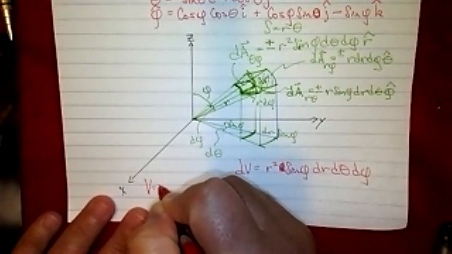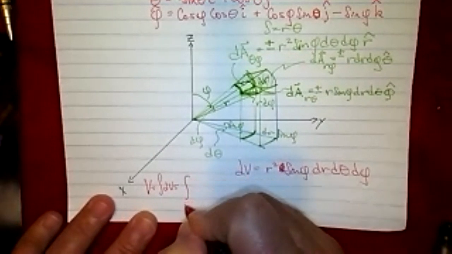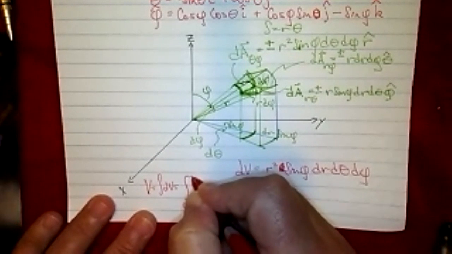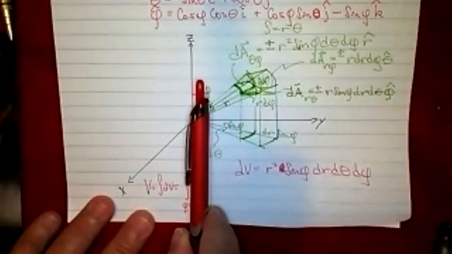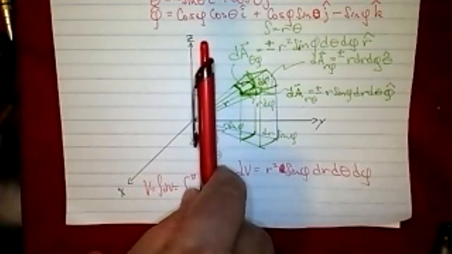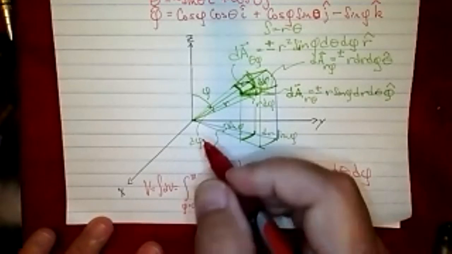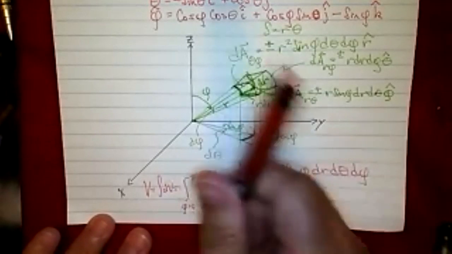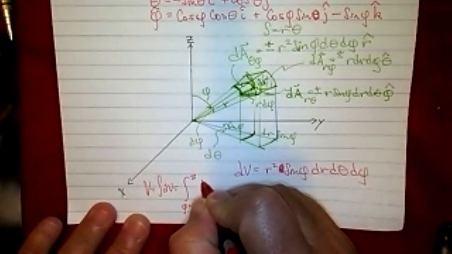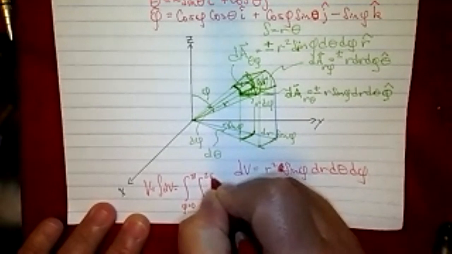So V is equal to the integral of dV, which is going to be the integral from phi equals 0 to pi. That's the big thing. Phi only goes to pi, because a phi going this way would be the same thing as that phi minus 180. The other integral, theta, is going to go from 0 to 2 pi.